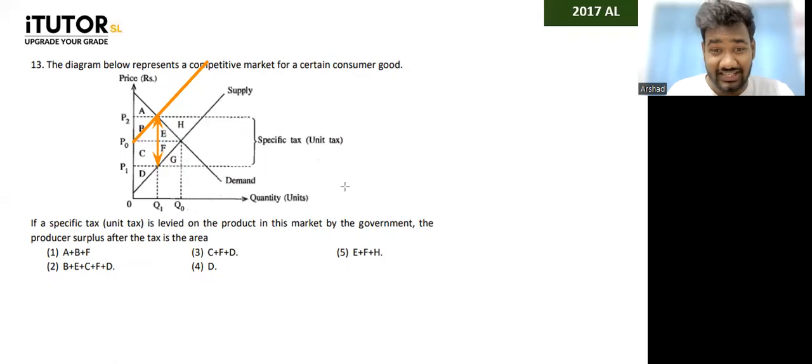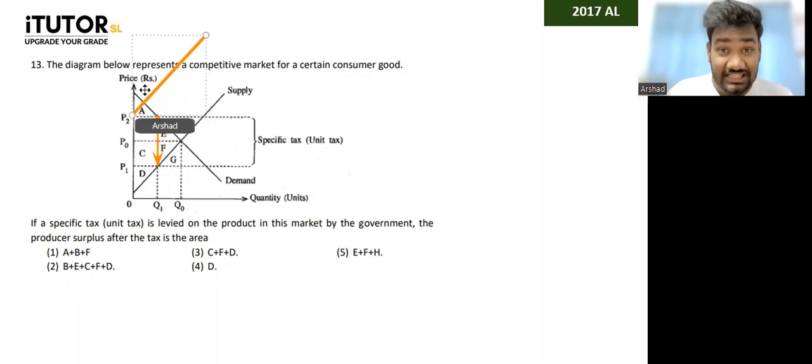Once you figure that out, there is nothing else in the question. But you need to figure out how to properly shift. Do I start from here, or do I start from here? How do you figure that out? The vertical difference between the two supply curves is the unit tax. They have given us the unit tax. Maybe in your exam, they can give you numbers.